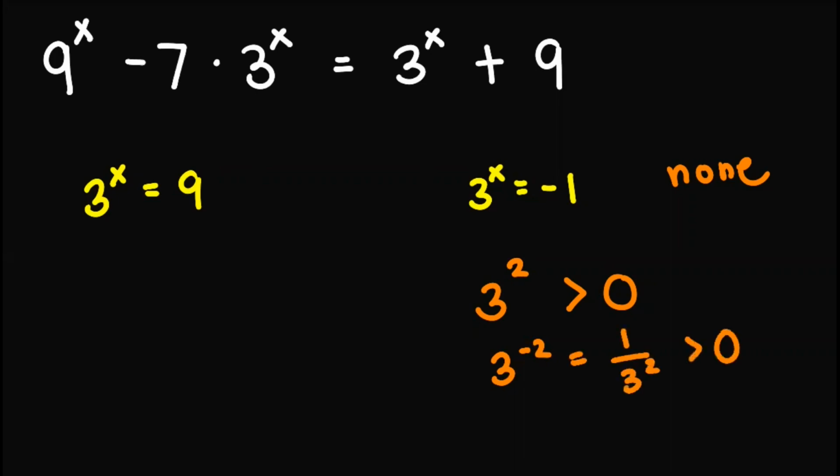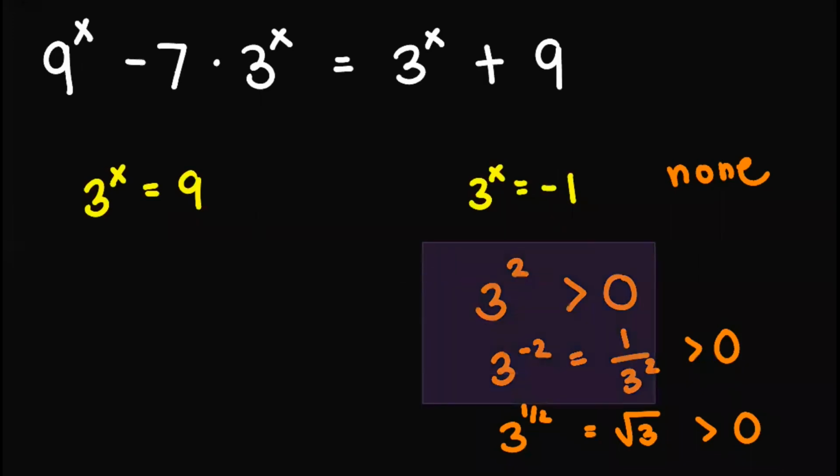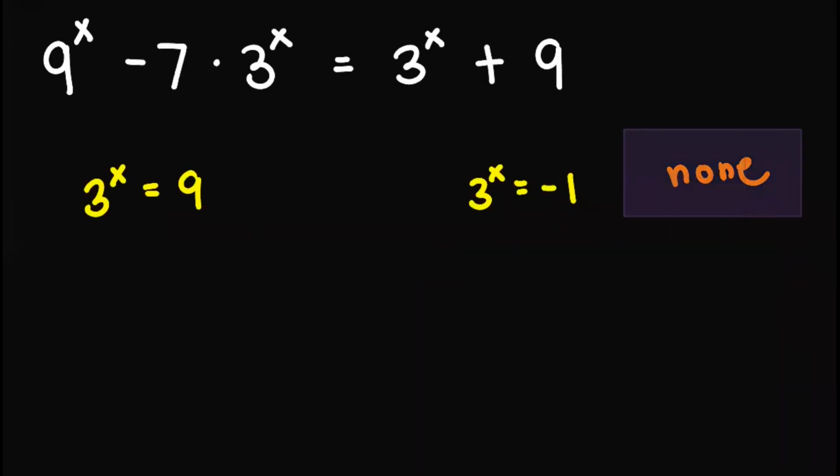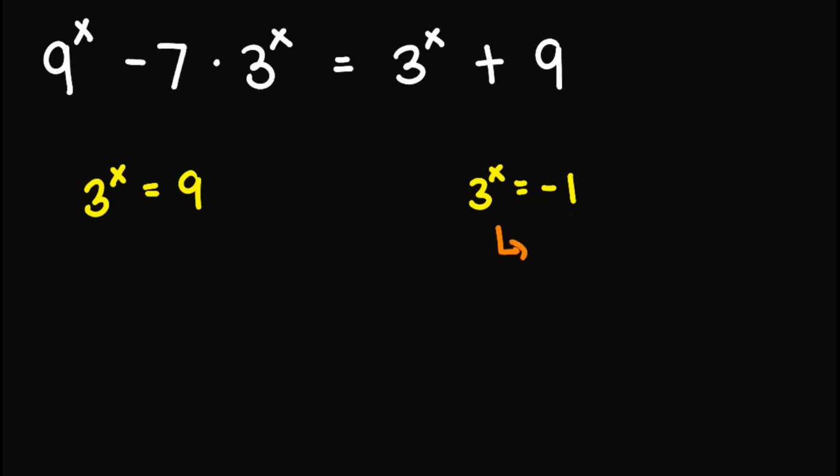So the outcome is still positive. And in fact, if we have a fraction out here, this is simply square root of 3, and the outcome is still positive. So there are actually no values that would make 3 raised to x be a negative value. Therefore, for this case, we say that there is no solution.